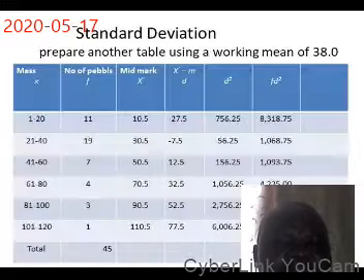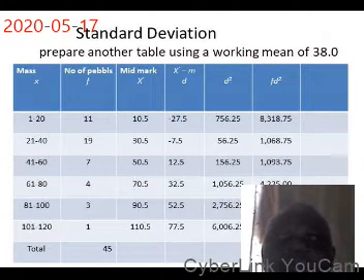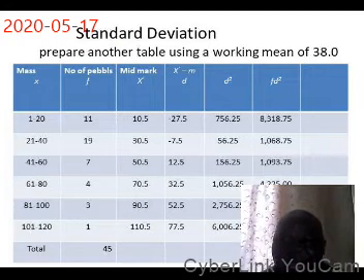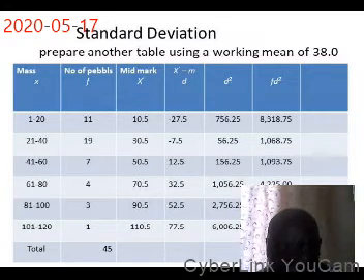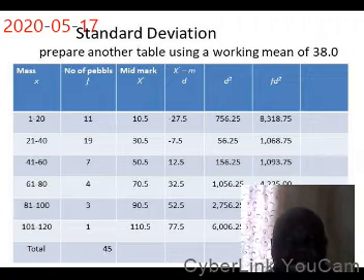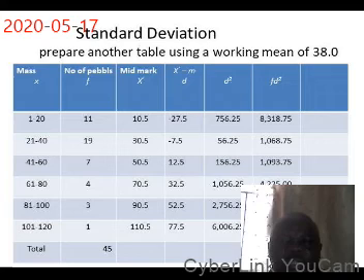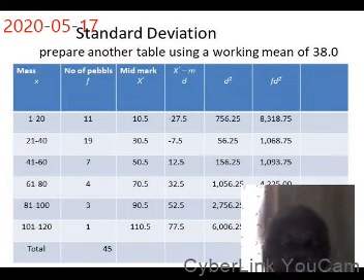Now, in calculating the standard deviation, we have, of course, our mass, the frequency, the mid-mark. I've explained all that. Now, we have the deviation, which is D. Then we have D squared.